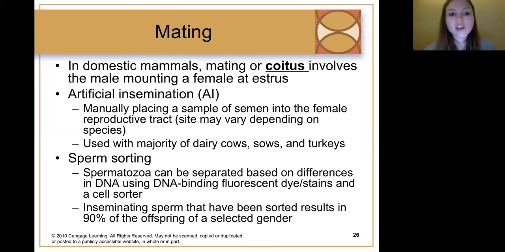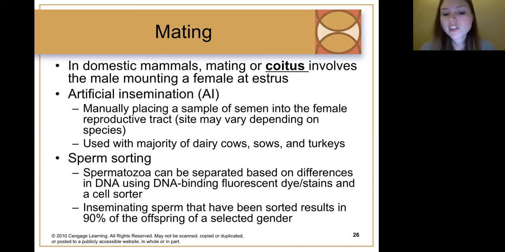Okay. So AI is used with the majority of dairy cows, sows, and then turkeys as well. And with AI, we've talked about some of the advantages, that the sperm quality has been checked and that you can get sperm from a certain male. So in sperm sorting, the sperm can be separated based on differences in DNA using fluorescent dyes that will bind to the DNA and stain.